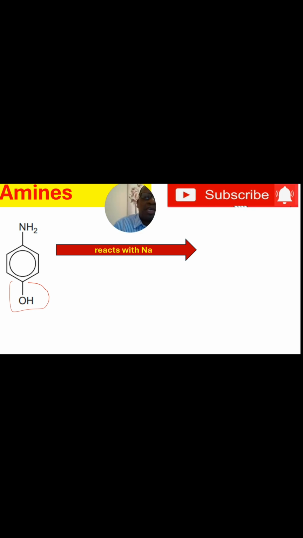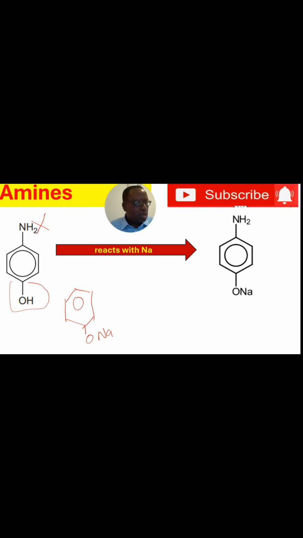So the Na is not going to react with that group. If this is our ring, it is going to react with the phenol to form a salt. What do you think? That's correct.